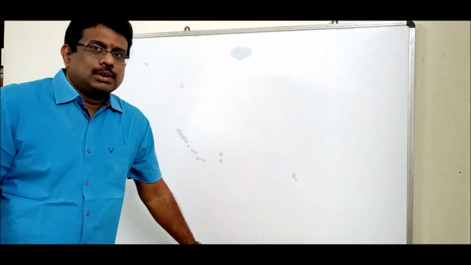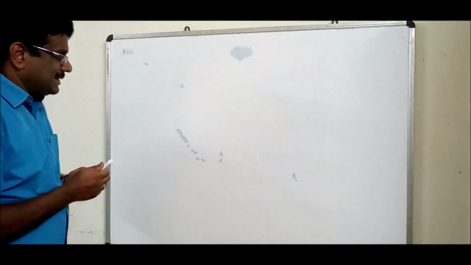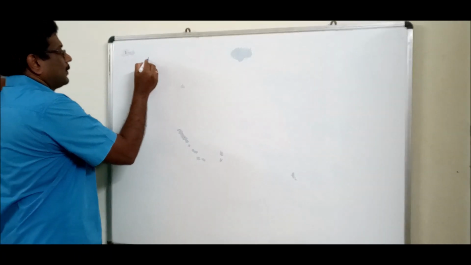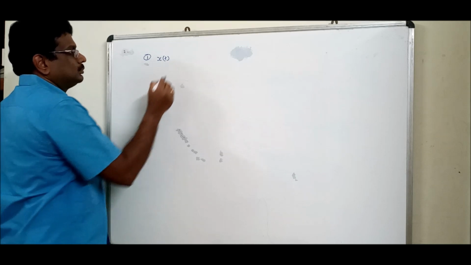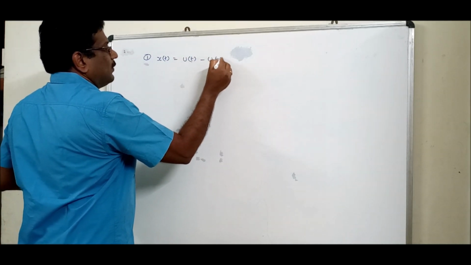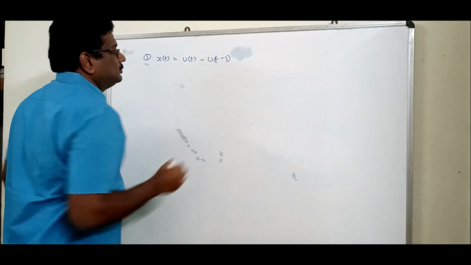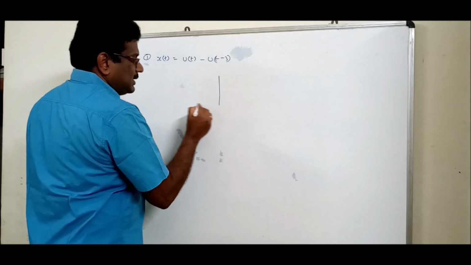Let us see some problems on these elementary signals. Sketch the following signal: u of t minus u of t minus 3. Can you recall what the u of t signal is?